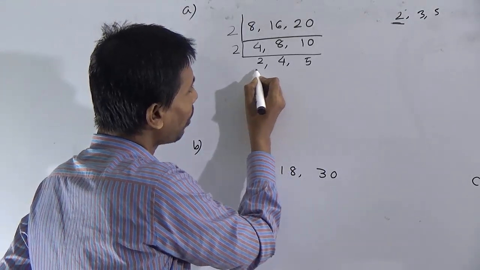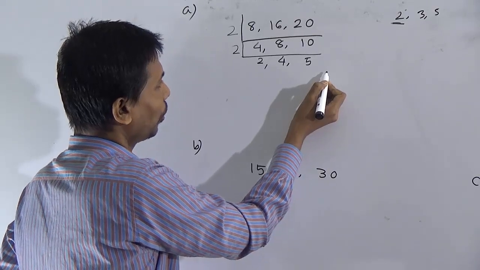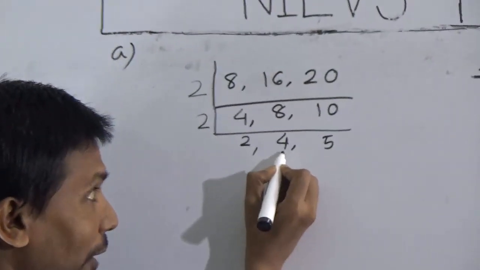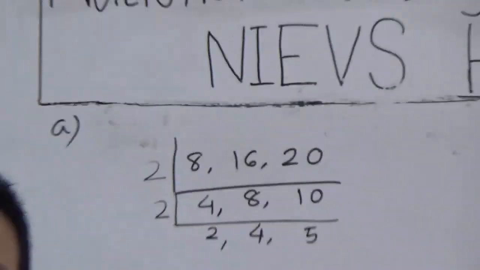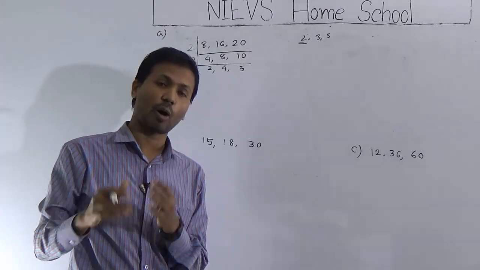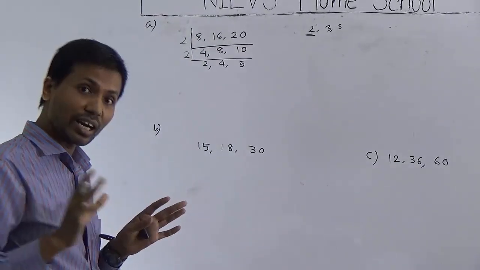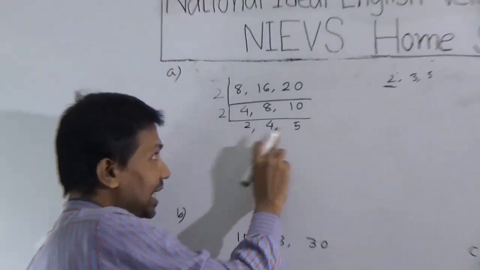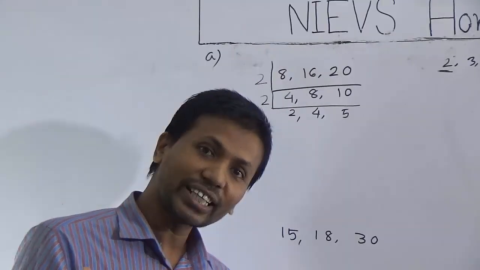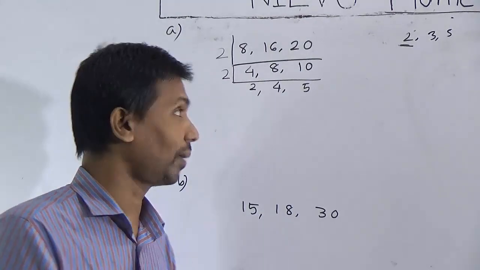Look, there is no common factor. This is divisible by 2, this is also divisible by 2, but this is not. So you cannot proceed. HCF means highest common factor. You have to select a number so that all the numbers are divisible by that number.